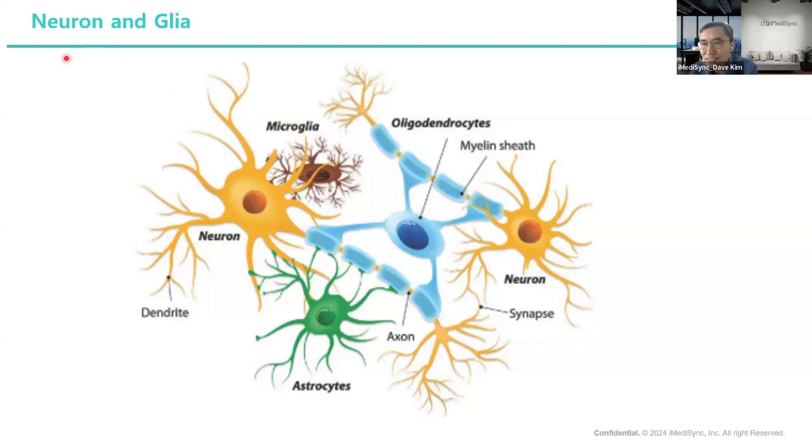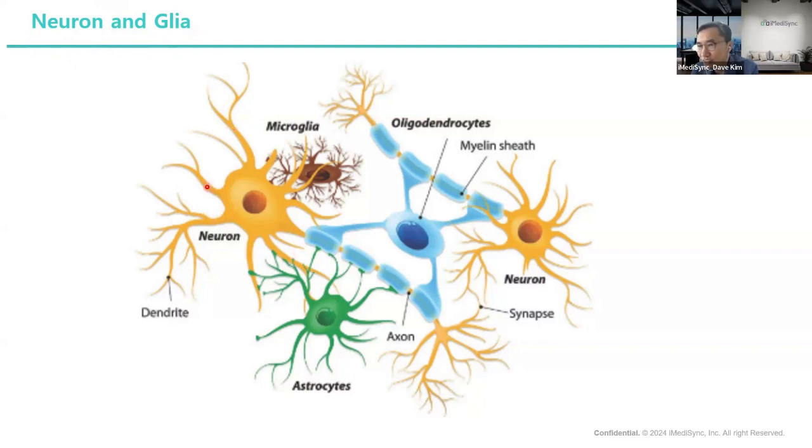Before going into the EEG rhythm, there are two different kinds of cells in the brain: the neuron and the glia.